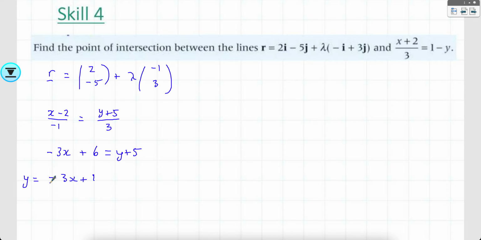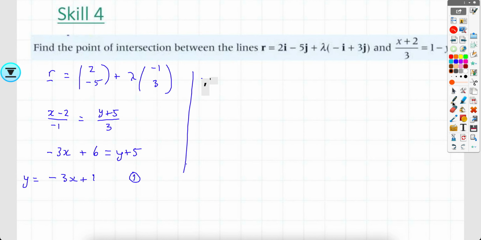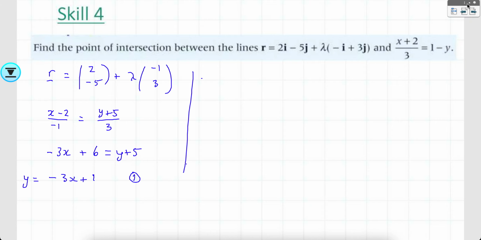Once I have this, the equation of the first line, I'm going to do it again for the second one. This is my first equation, and then I do it for the second one. You can skip through these parts.